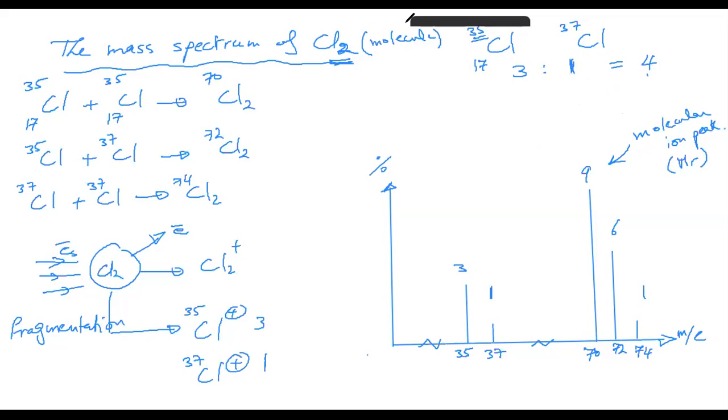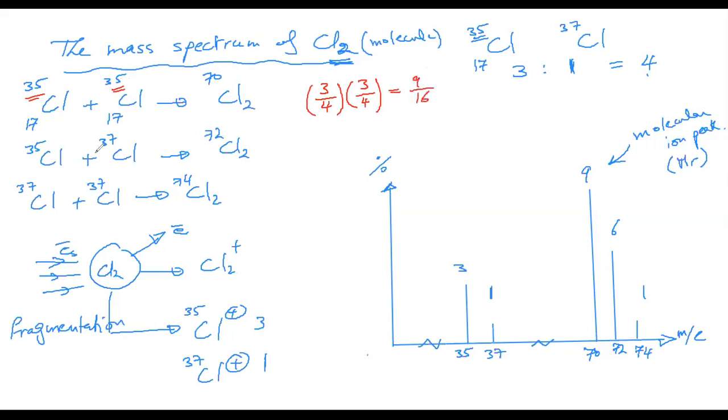So if we talk about the first chlorine, it is 35, and its probability is 3/4. The second chlorine is also 35, so the probability of its formation is also 3/4. And so the total probability of the formation of chlorine-70 is 9/16.